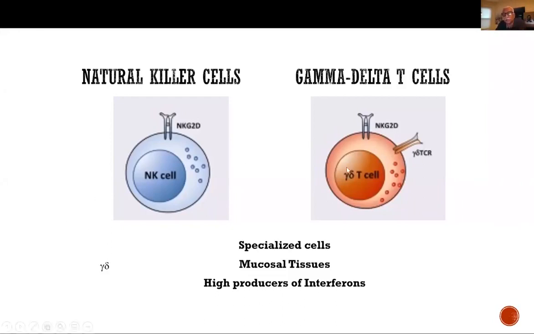Just as an example, if you take gamma delta T cells in a clean population, like let's say in the US or Europe, and if you take an average number of gamma delta T cells in that population, it is generally 1 to 2% of the cells. In India, if you take a population of people in India, we have 10% of our lymphocytes as gamma delta T cells.